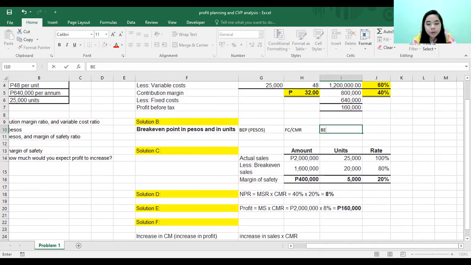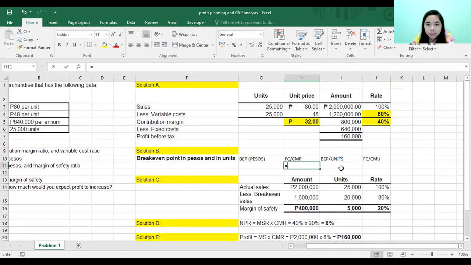Then break-even point in units, of course, would be equal to your fixed cost divided by your CM per unit. Okay, so we'll see. Break-even point in pesos, that's your fixed cost of 640,000 divided by your 40% CM ratio.